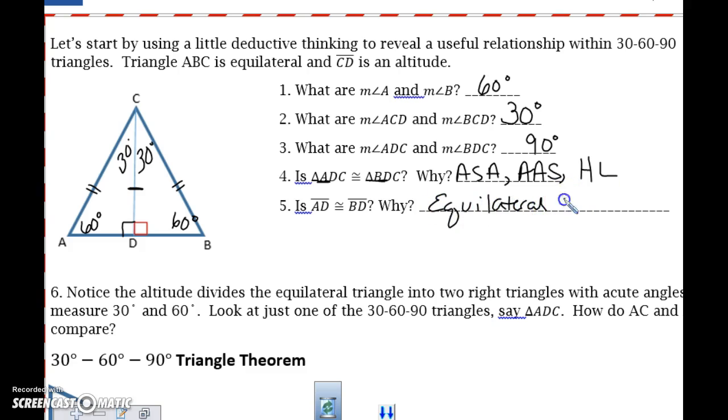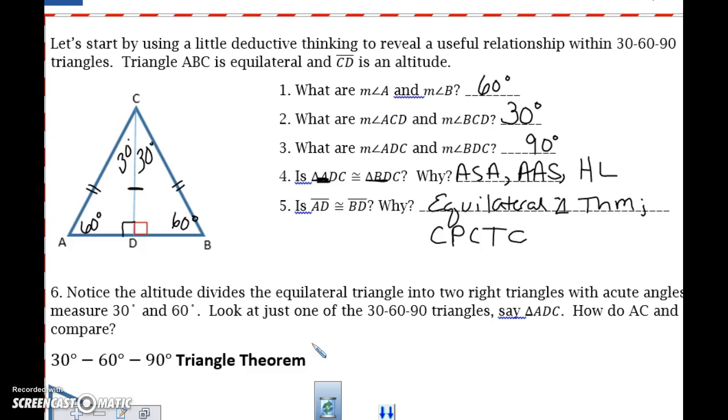I think it's a corollary or theorem. No, what did we used to call when it split something in half? An angle bisector. Yeah, maybe. Okay. We could also say CPCTC, because they all line up in our congruent statement. So a little spiraling back there.